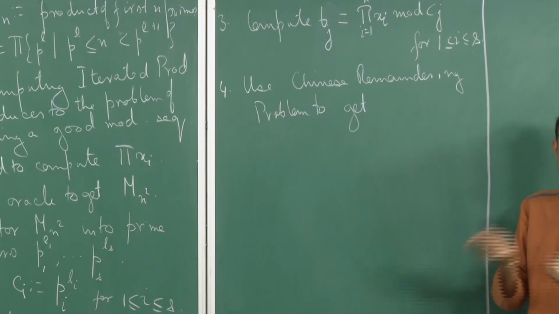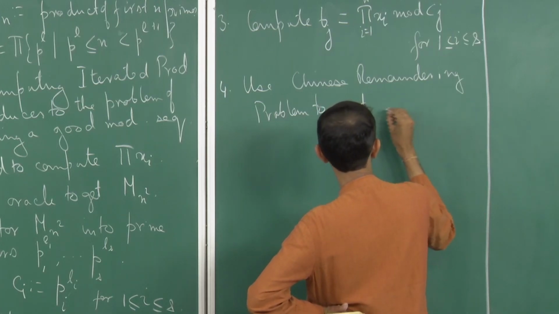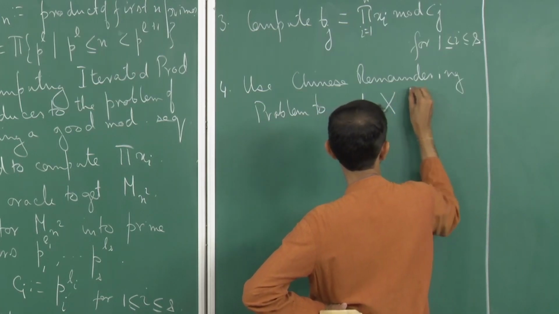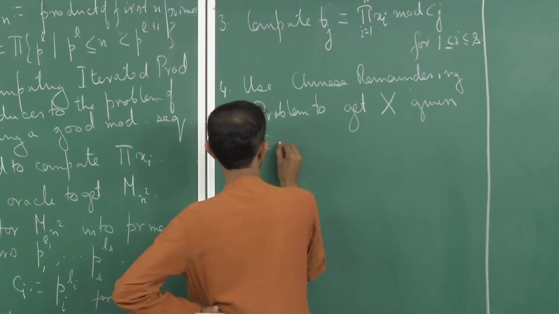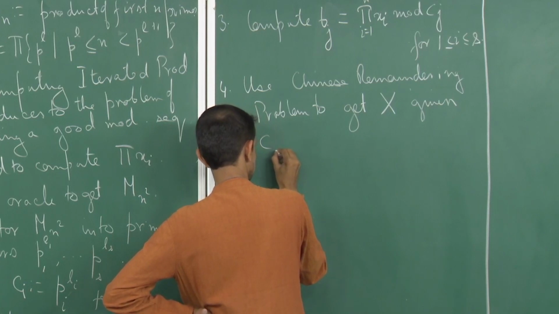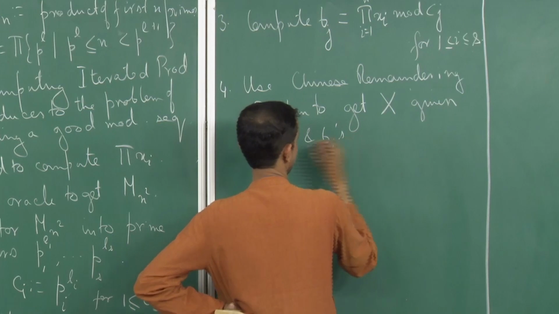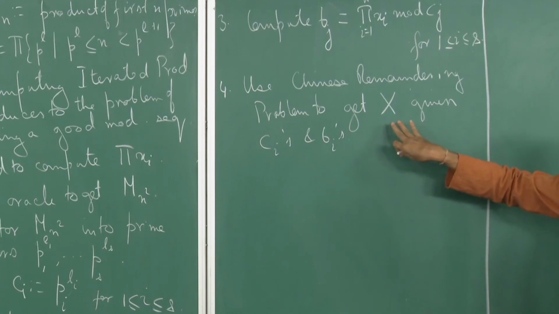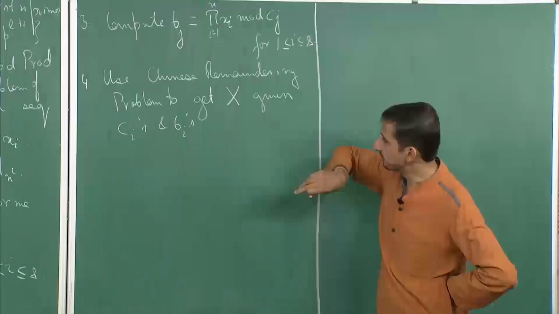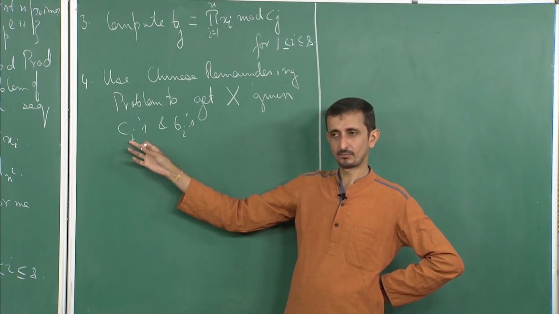It outputs this number x, which for the time being let me just call capital X, given these Ci's and Bi's. So, what property does x have? Note that, what is the product of these Ci's in our case?